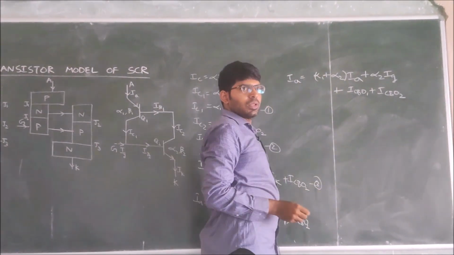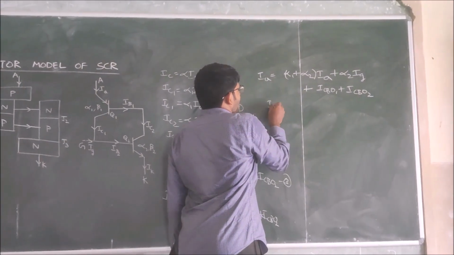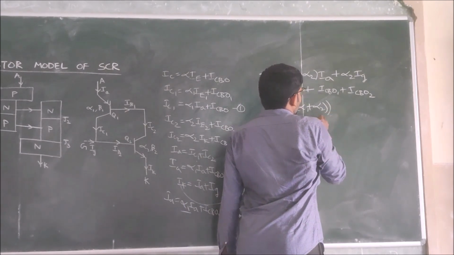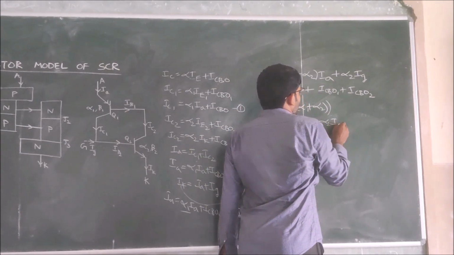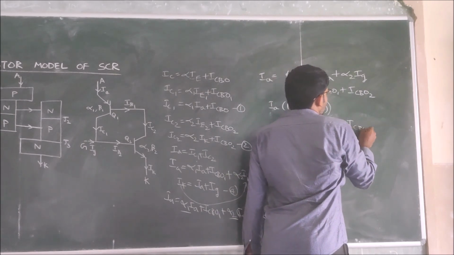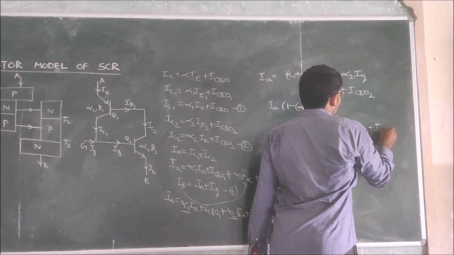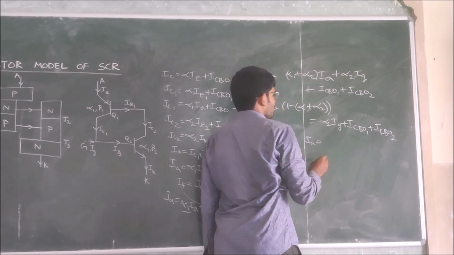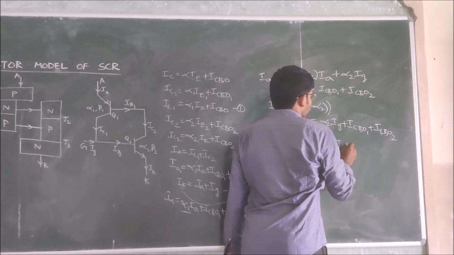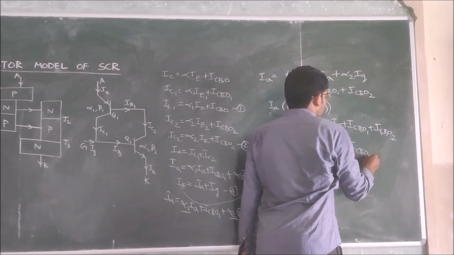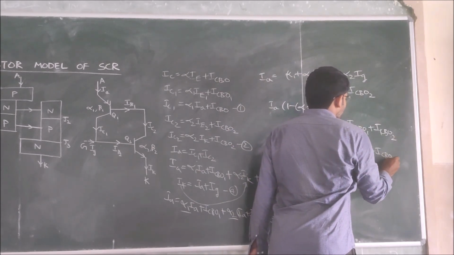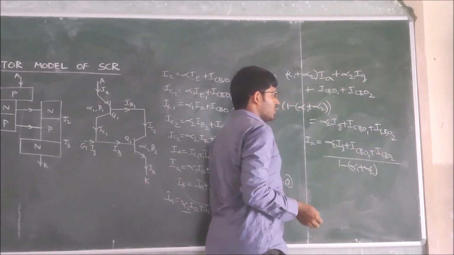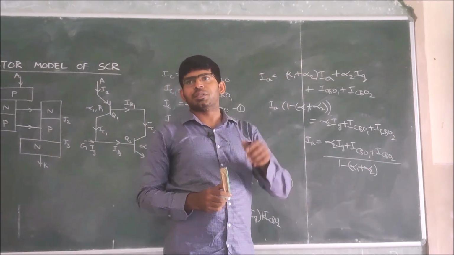Now when we take the IA term to the left hand side, IA into (1 minus (alpha 1 plus alpha 2)) is equal to alpha 2 IG plus ICBO1 plus ICBO2. Therefore, IA is equal to (alpha 2 IG plus ICBO1 plus ICBO2) divided by (1 minus (alpha 1 plus alpha 2)). This is the final expression.